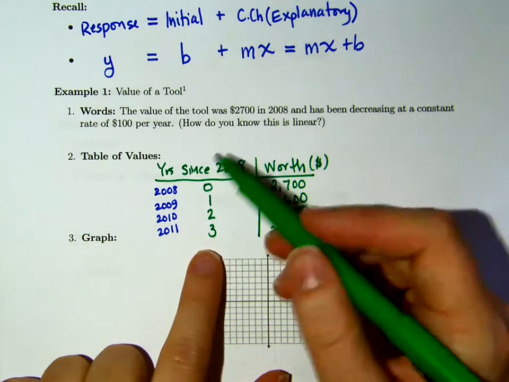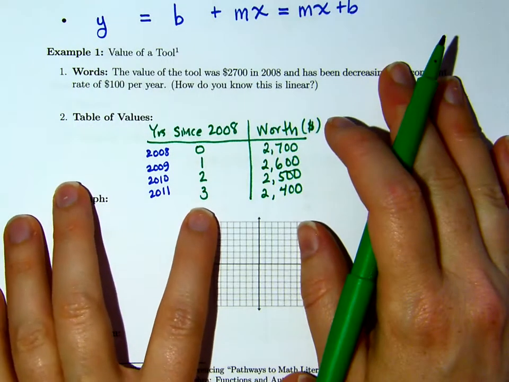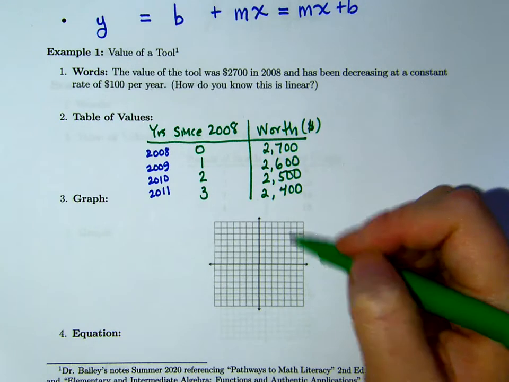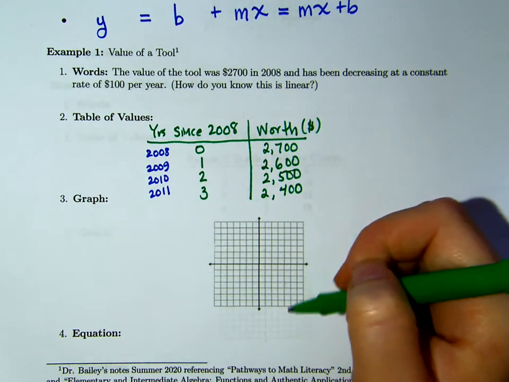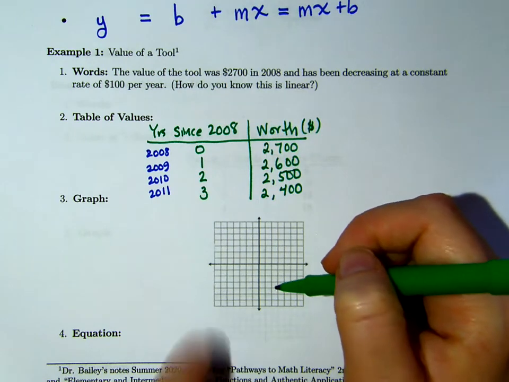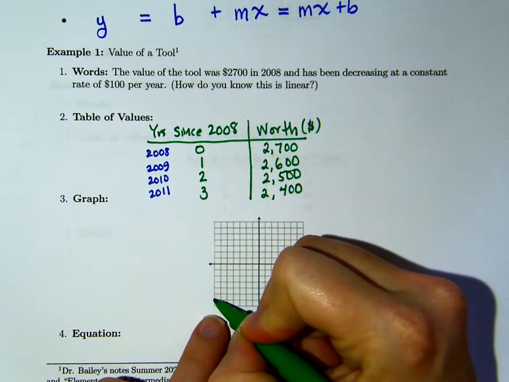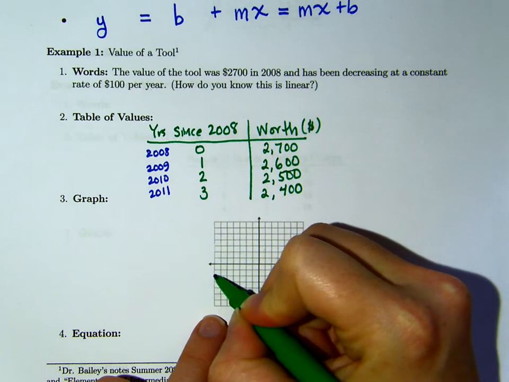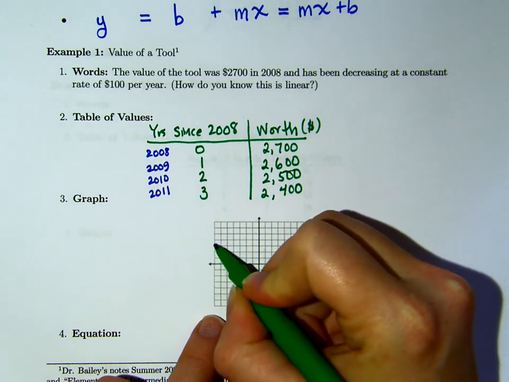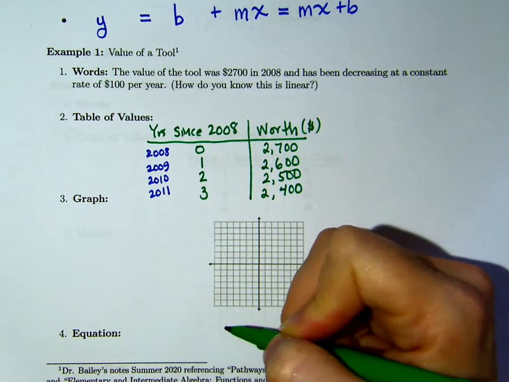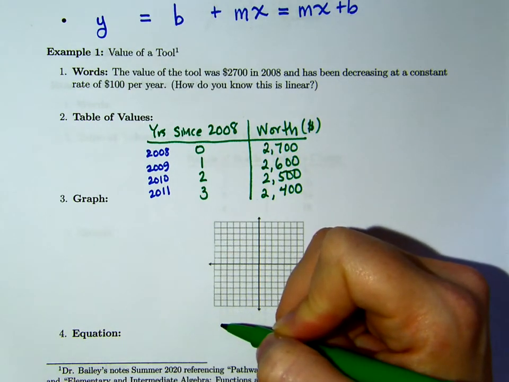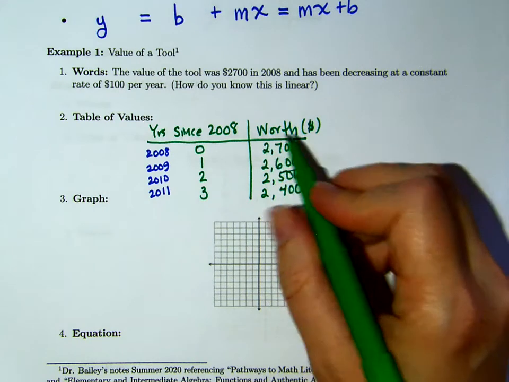But let's use these years since 2008 and plot these points. It goes all the way up to 2,700, and how many boxes are there? 1, 2, 3, 4, 5, 6, 7, 8, 9, 10, 11, 12, 13, 14. If we count by hundreds, we only get up to 1,400.